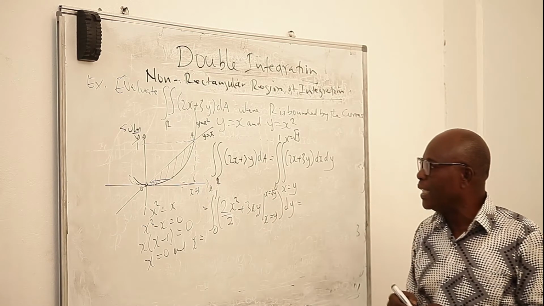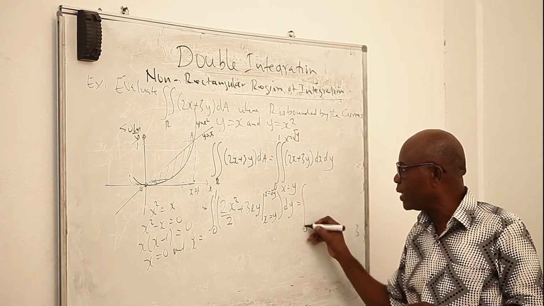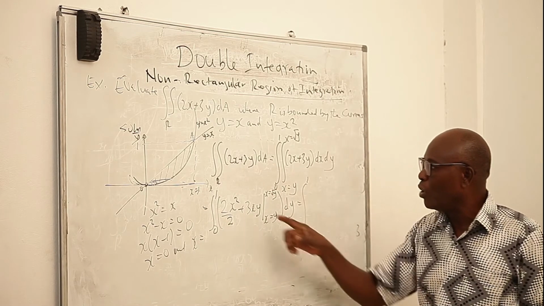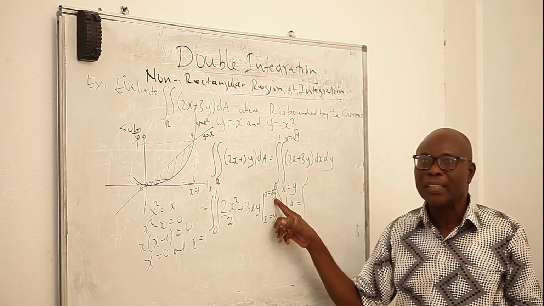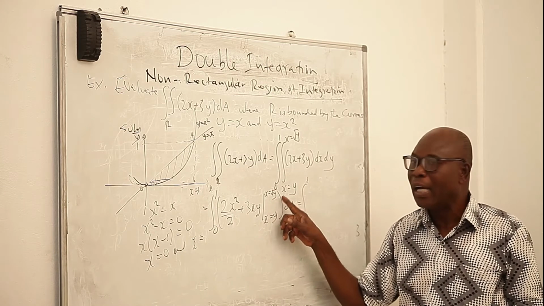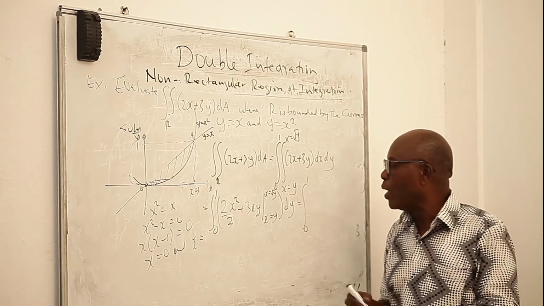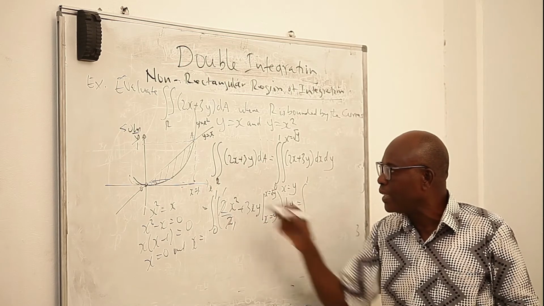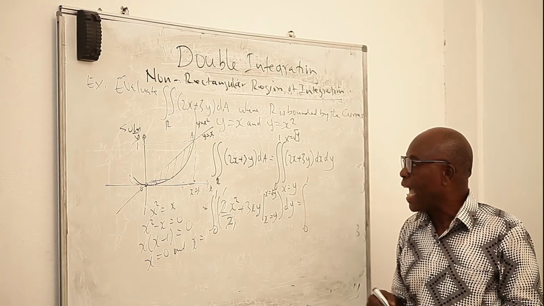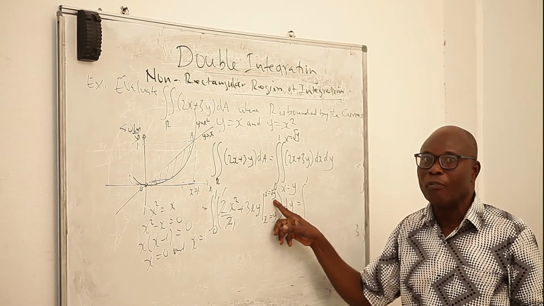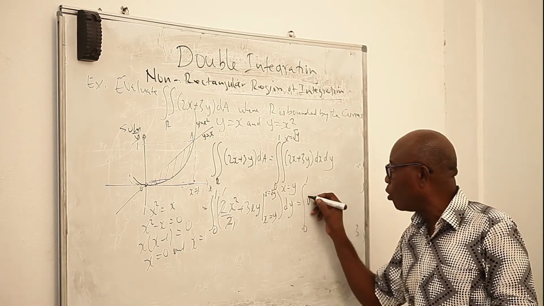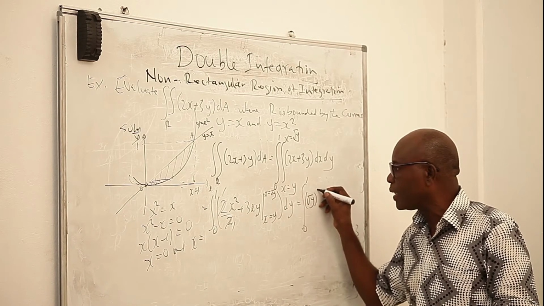So let's put in the limit. The upper limit is x equal to root of y, and so the 2 and 2 will cancel, so we're going to get x squared. x squared means root of y all squared.